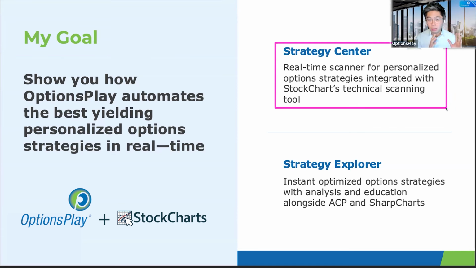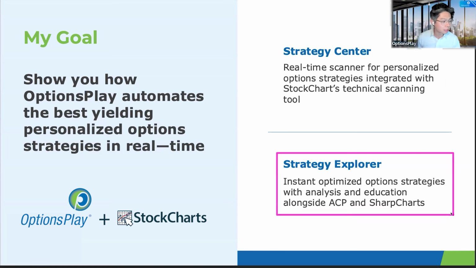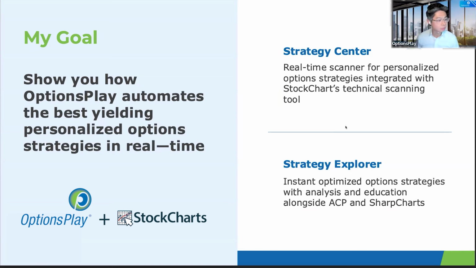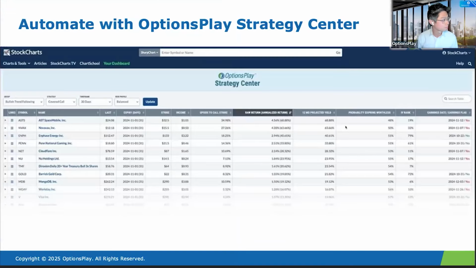You can get their state-of-the-art technical analysis screening tools as well as charting tools, and merge it with our personalized option strategies, so you are always seeking the best possible opportunities in the market that is personalized to you. And then we're going to look at the Strategy Explorer to see how you can find instant optimized strategies with analysis and education alongside of ACP and SharpCharts. So a lot of things we're going to cover during today's session. So let's go ahead and get started.